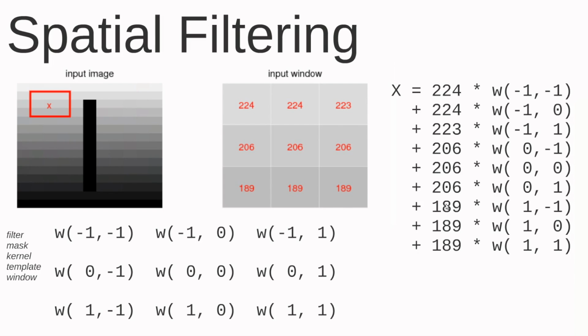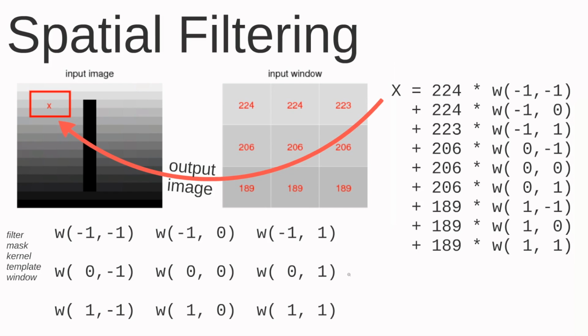Each term defines one of the pixels in the window multiplied by one of the weights. Then in the output image we take the result of this sum and replace this pixel value with the result of this equation. Depending on the weights, we will have a different output.